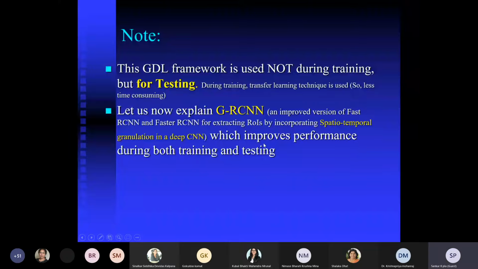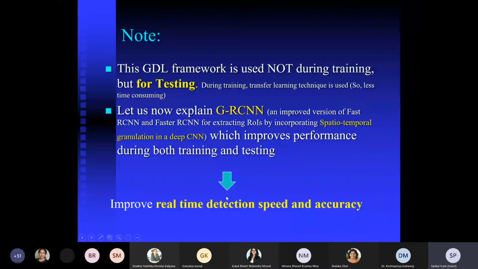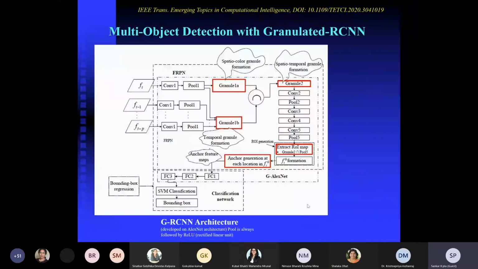Therefore, real-time detection speed and accuracy are improved. This is an example that appeared just yesterday, this month. So this is my network. Here it takes the video as an input, whereas fast and faster RCNN take image by image.